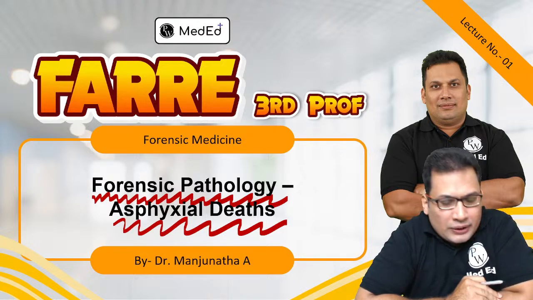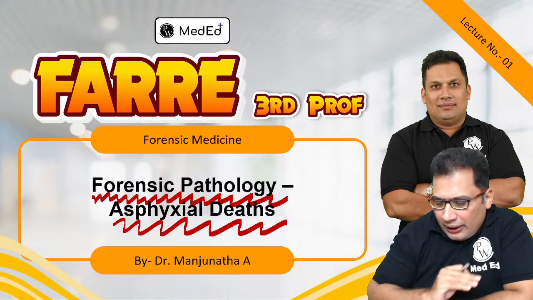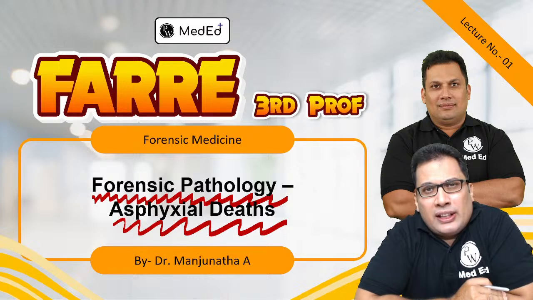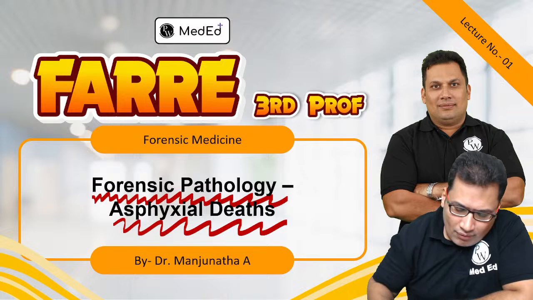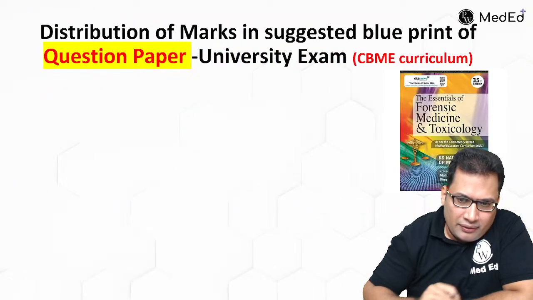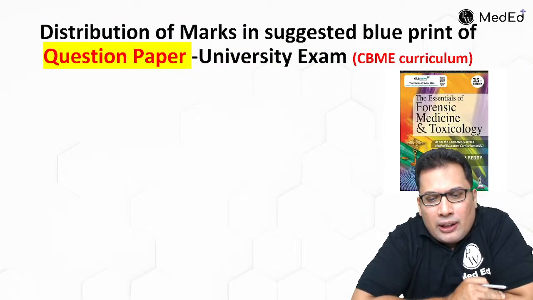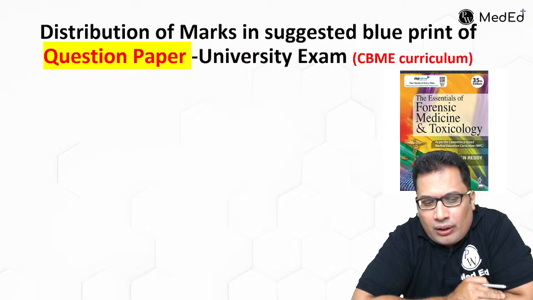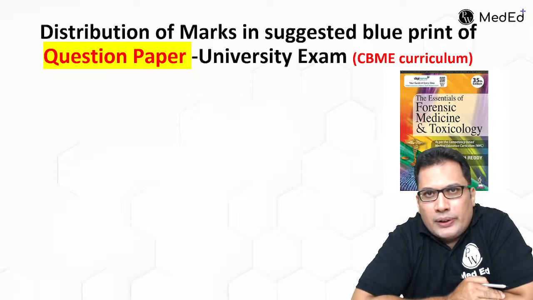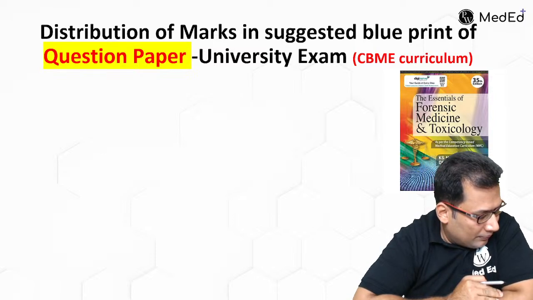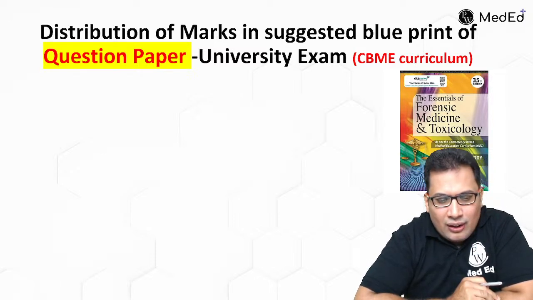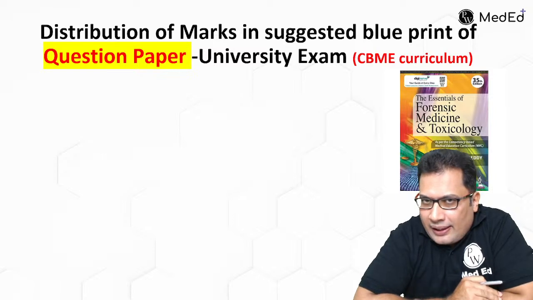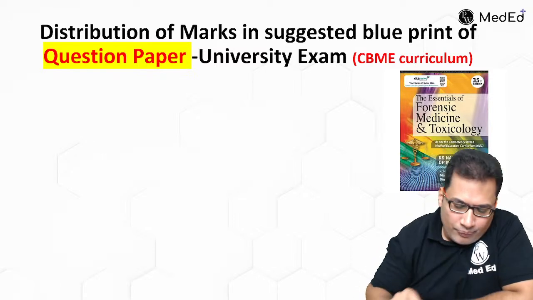Yes, hello. So, in the beginning, we are discussing the distribution of topics in your theory exam. Forensic medicine distribution of marks in the suggested blueprint of question paper, that is your university exam as per the CBME curriculum. Total marks is 100, one paper in your exam.